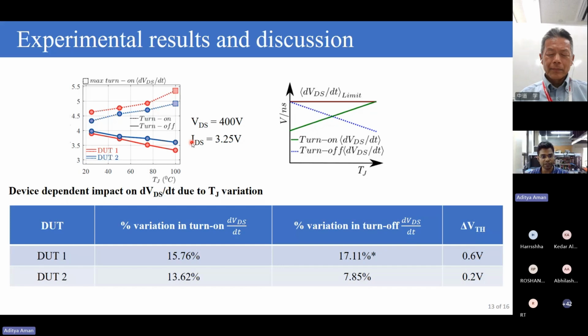We also observe that for DUT1, the percentage variation in turn-on dV by dt and turn-off dV by dt is more than for DUT2. Now, this was expected because the threshold voltage variation in DUT1 is more as compared to DUT2 as per the data sheet. So this was kind of expected, and this is what we are observing here as well.